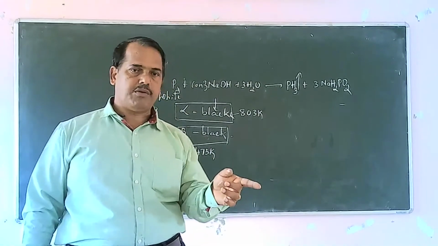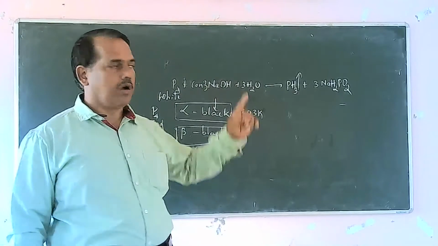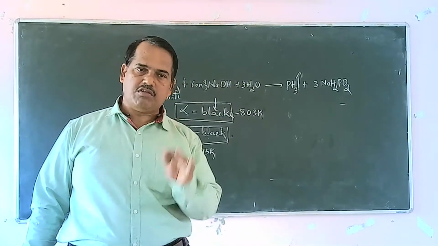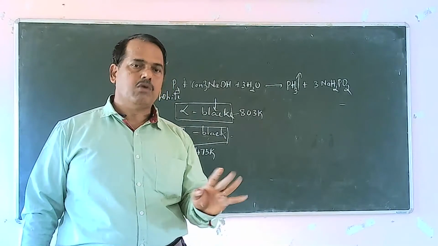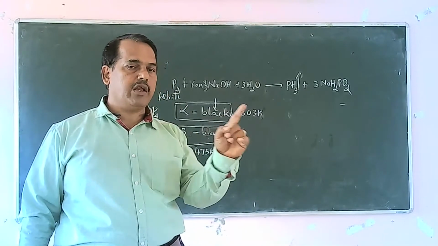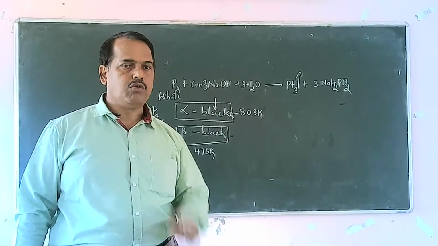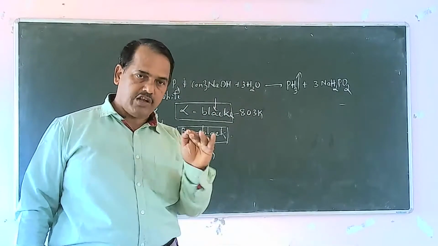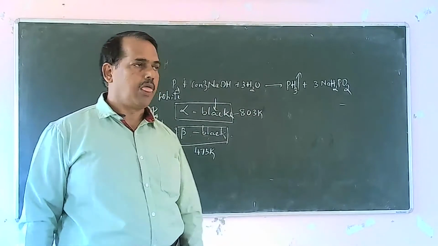So you studied white phosphorus, red phosphorus, alpha black phosphorus and beta black phosphorus. These are stable forms. Only white phosphorus reacts at room temperature due to the angle strain in the molecule.